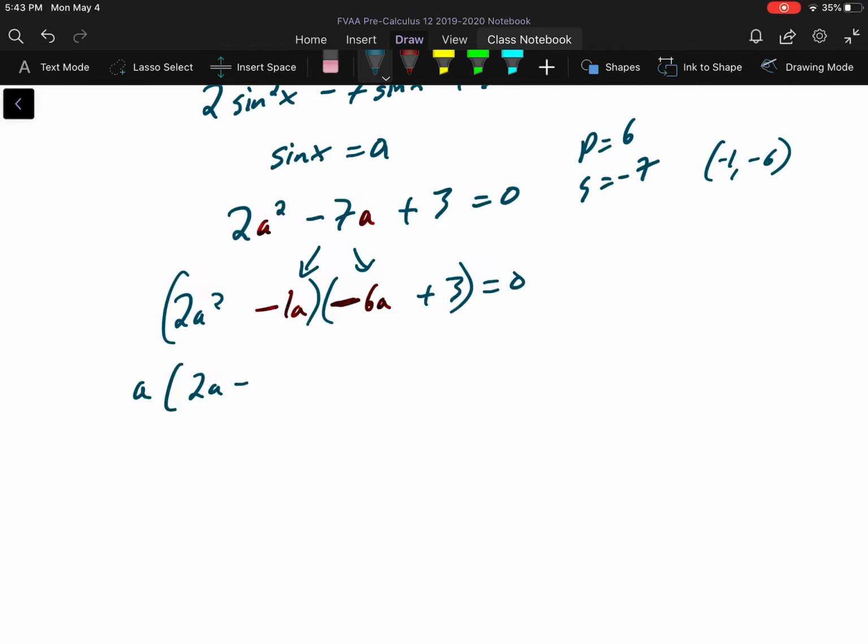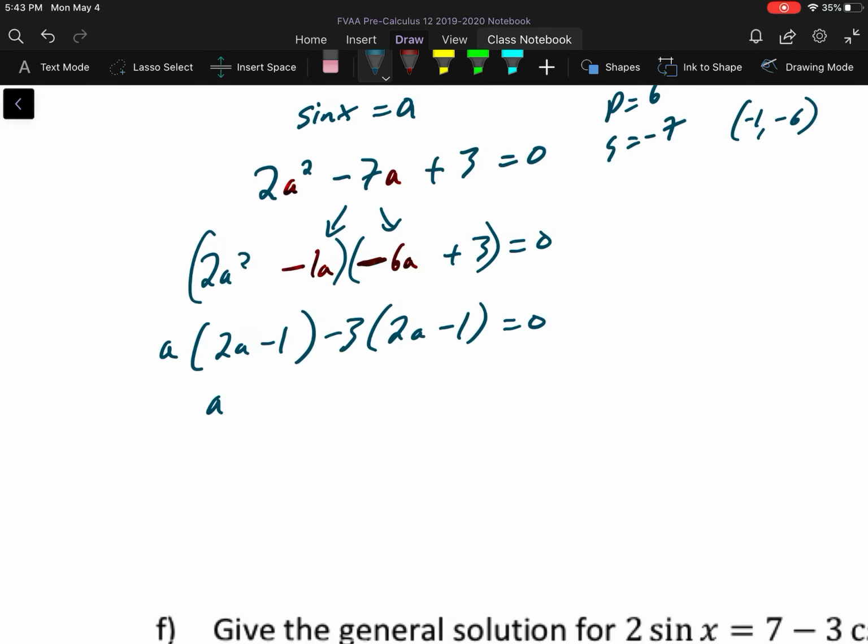I'm left with 2a minus 1. Here my greatest common factor is 3, and I'm going to factor out negative 3, which gives me 2a minus 1. So my two factors are a minus 3 and 2a minus 1 is equal to 0.